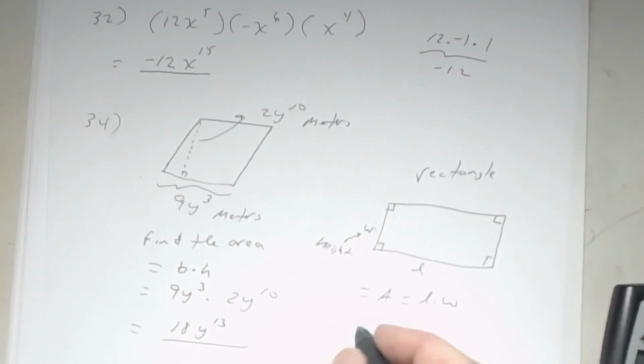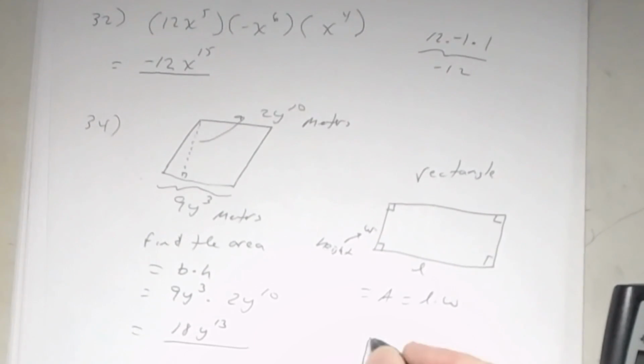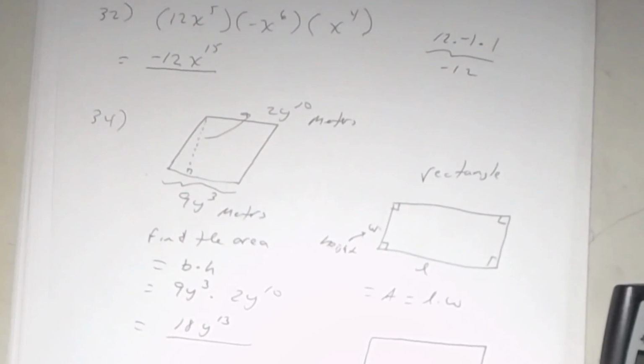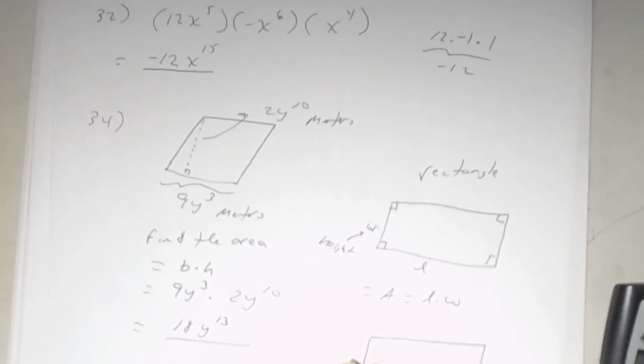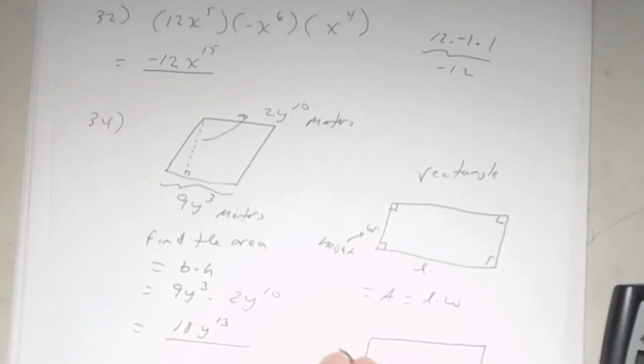So let's say I want to find the area of this table, and I'm making the numbers easy. Let's say the length is 10 inches, and the width of this table is 3 inches. What's the area of this table? 30 what?